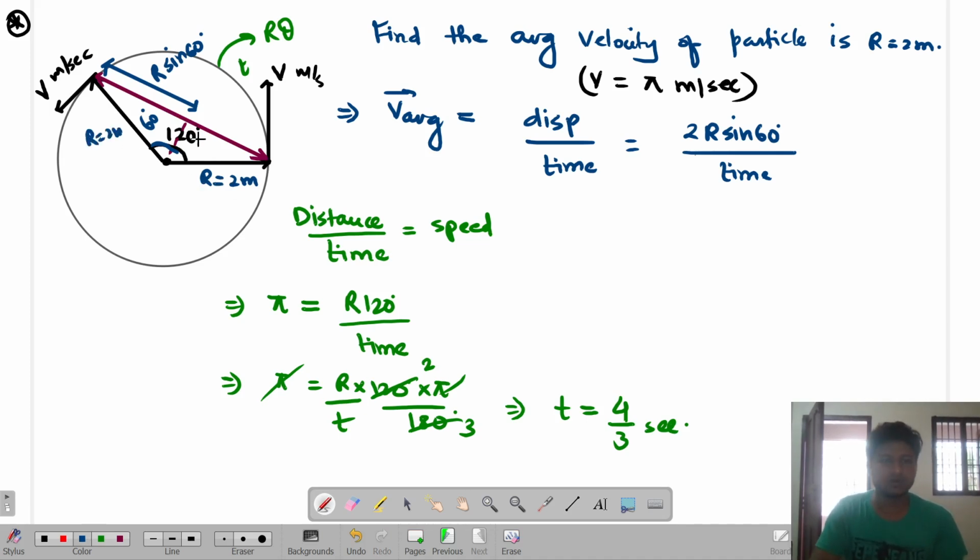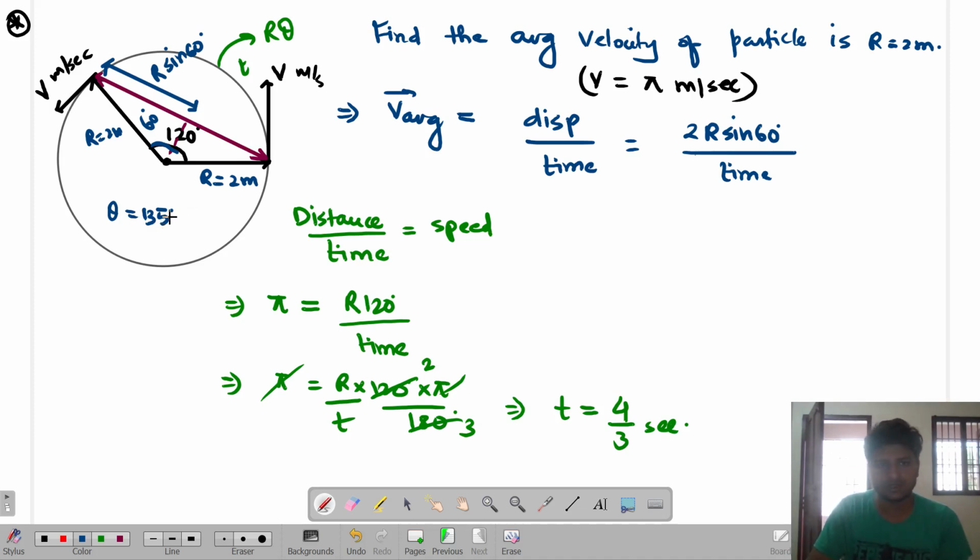That method you have to follow if the angle is not such that sine can be defined. Like I saw one question in which this angle was 135 degrees. Now you can't solve 135 using this formula 2r sine, because if I divide 135 by 2, it will be very tedious to calculate.